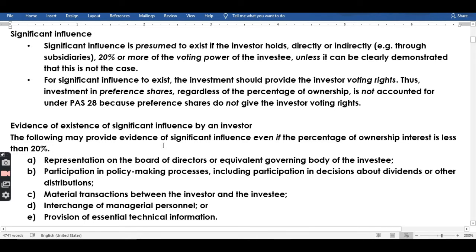So, talking about the existence of 20% voting rights, okay, or yung voting power, when you talk about your 20%, it does not necessarily mean na kailangan ay actual yung ating ownership. Kasi sinabi, ayun no, significant influence is presumed to exist if the investor holds directly or indirectly, okay, 20% or more of the voting power.